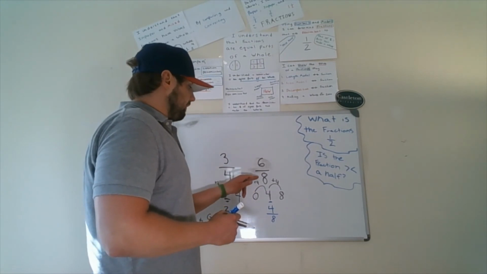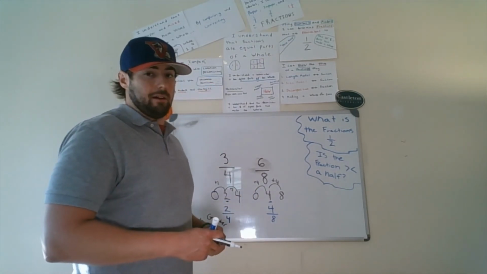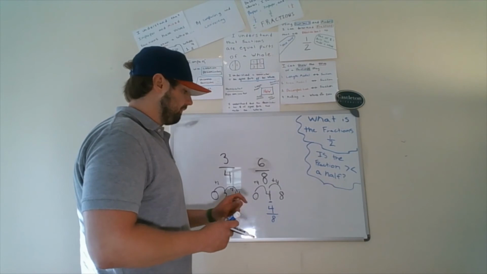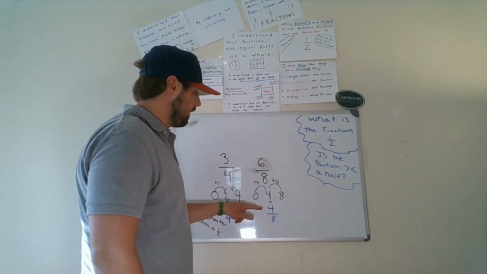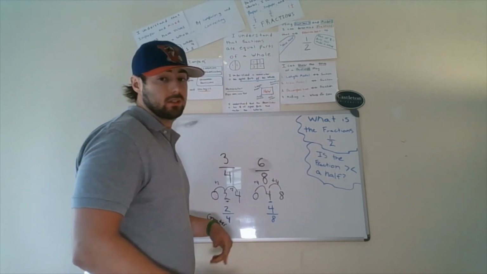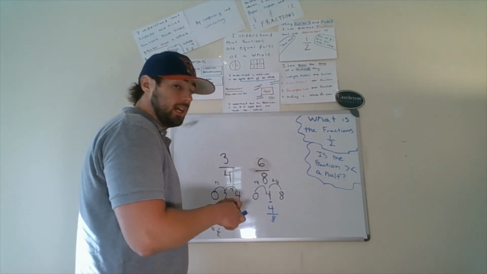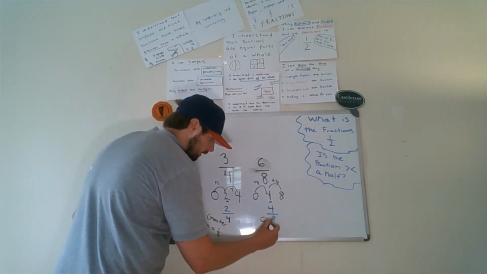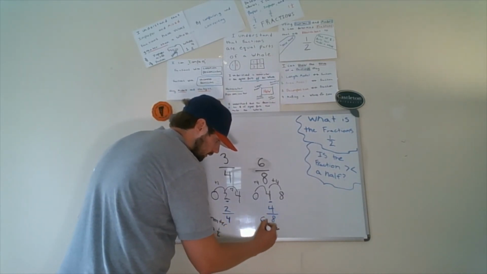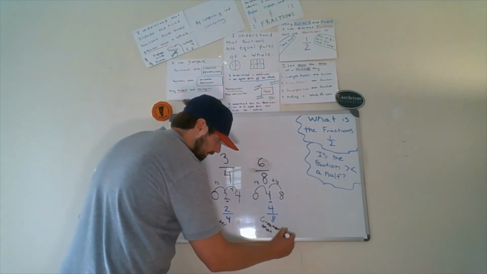Is 6/8 greater or less than a half? Is it greater or less than 4/8? Well, there are 6 parts in 6/8 and 4 parts in 4/8, which is a half. It is indeed greater than a half.